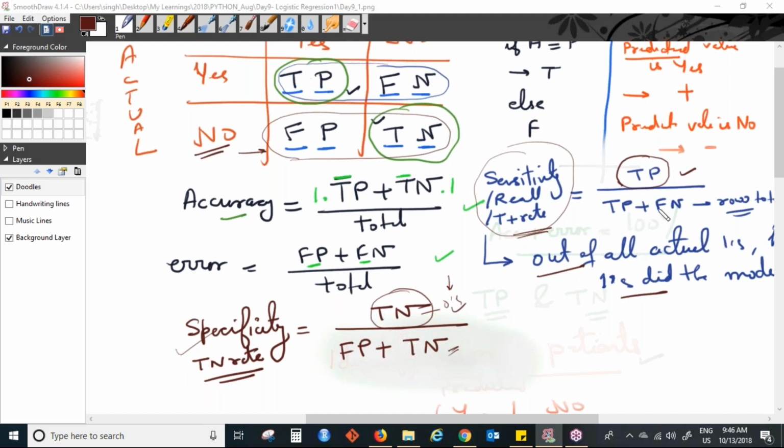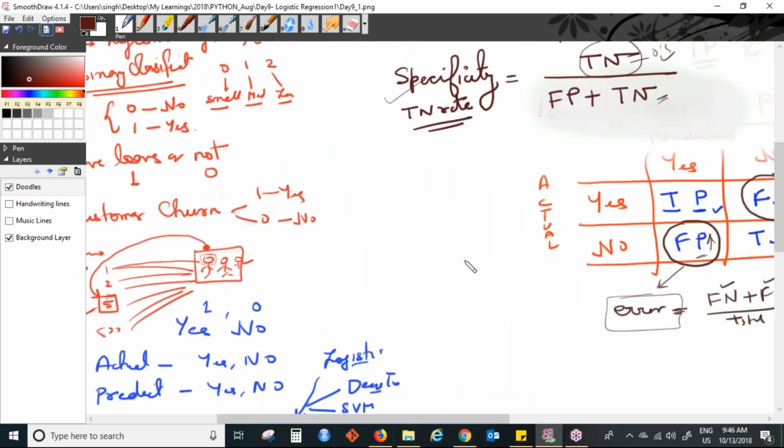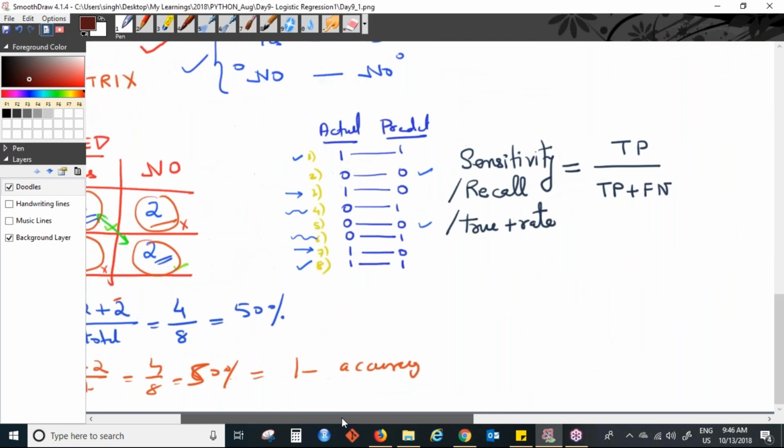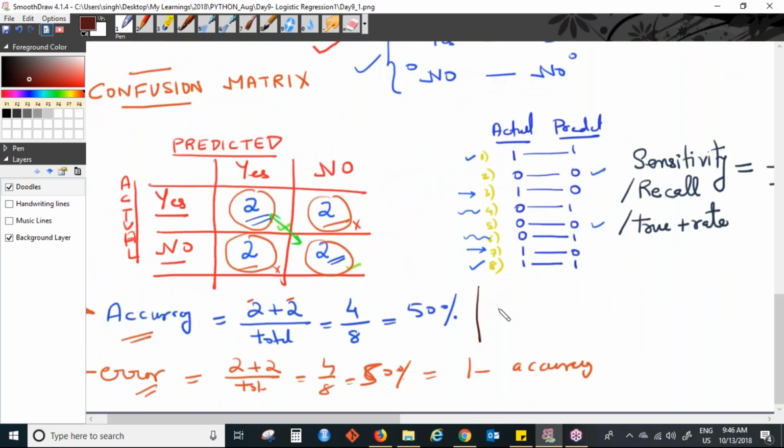Okay, guys. Now let us go back to the same example that we were discussing and try to find these two parameters. So can somebody tell me now what is sensitivity here? If you remember the formula, can you tell me what is sensitivity now?